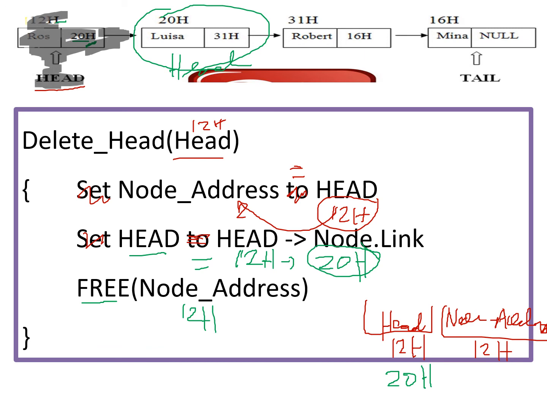As in, permanently, you have removed it. It's gone. No trace left. No more link. Okay? It's done. Okay? So, you free it. Okay? So, physically, we have deleted the head. Okay? So, it's that easy.